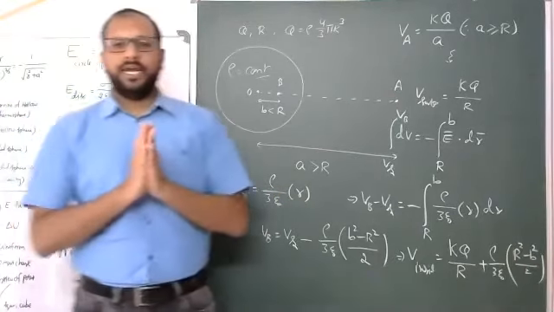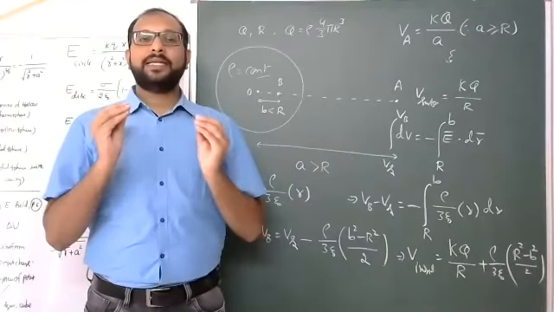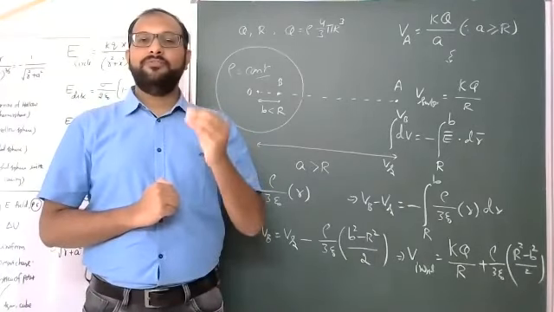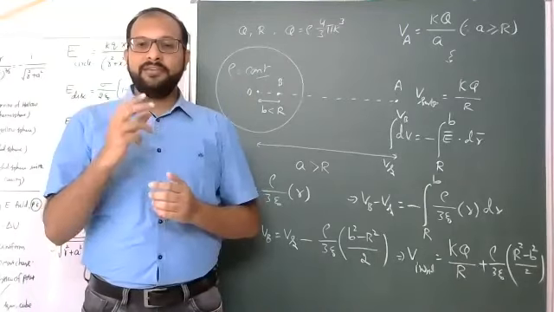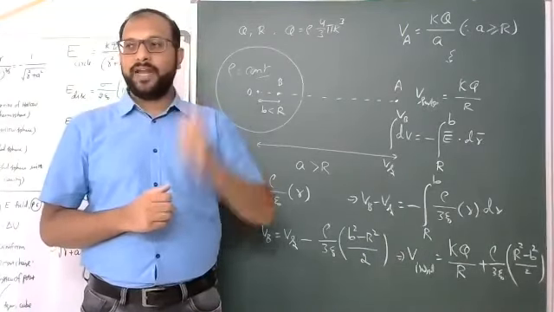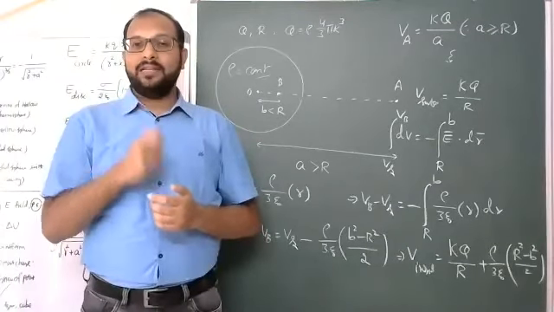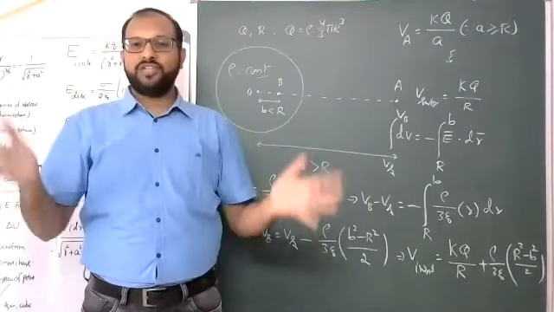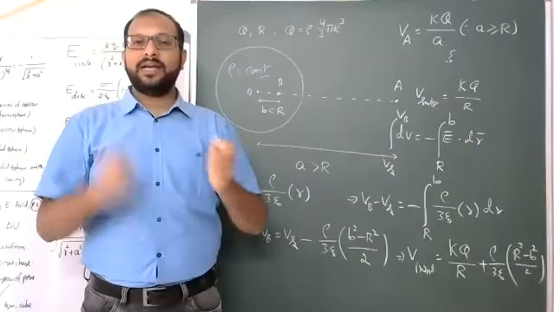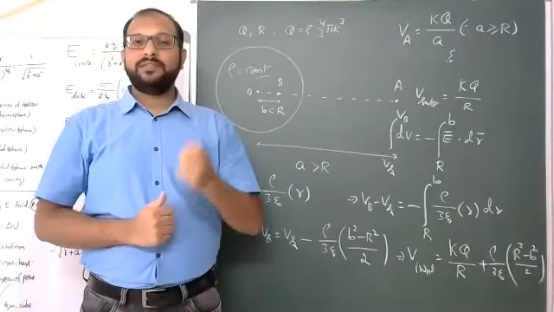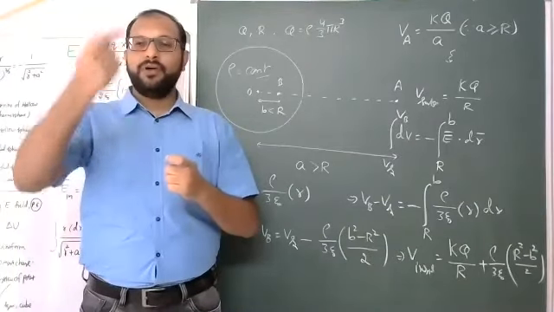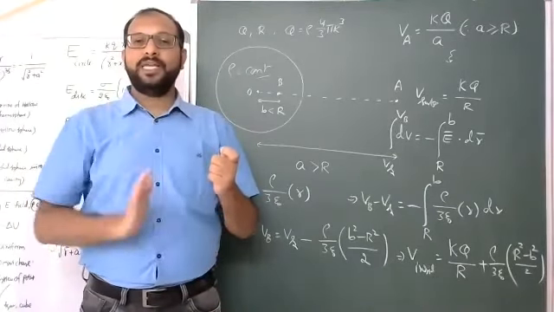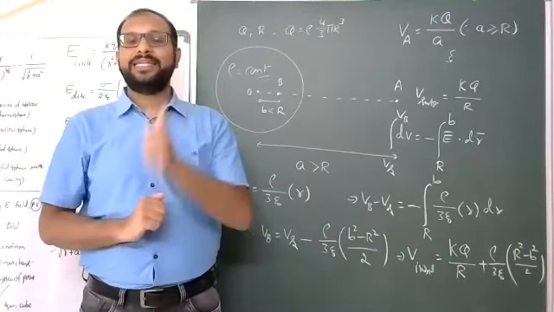Yes, now students, today's conclusion: electric potential difference in a uniform electric field, potential difference in a non-uniform electric field, how to find electric potential due to one point charge, electric potential due to a system of point charges, electric potential on the axial line of an electric dipole, electric potential on the axial line of a uniformly or non-uniformly charged ring, electric potential on the axial line of a uniformly charged disk, not only on the axis, even at the center also.